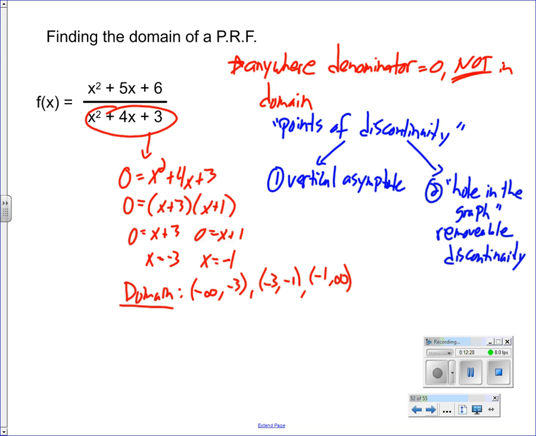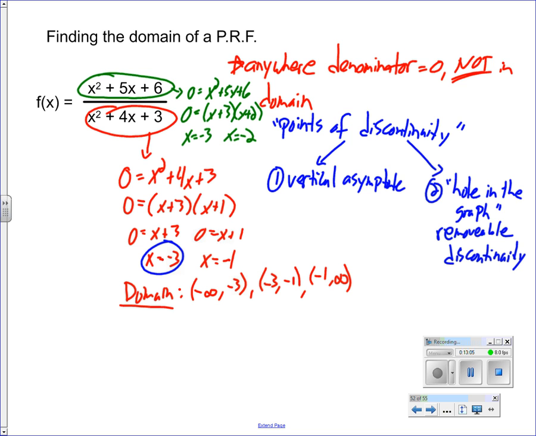So the way we classify them is we look for any common zeros that the denominator has with the numerator. So we also, at this point, look for zeros in the numerator. So it's also quadratic, also factorable. So here we get two solutions of -3 and -2. So these are the two zeros for the numerator, and they have one in common with the denominator, and that's -3.